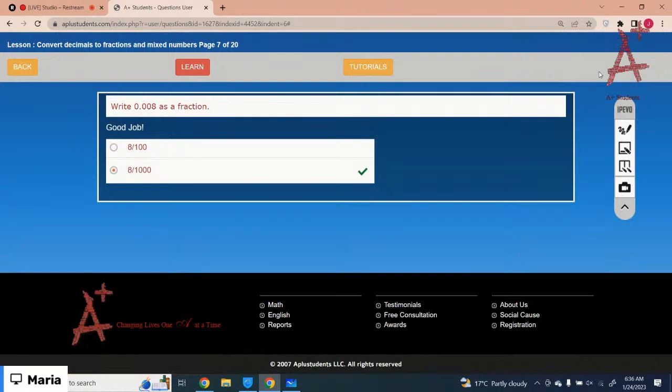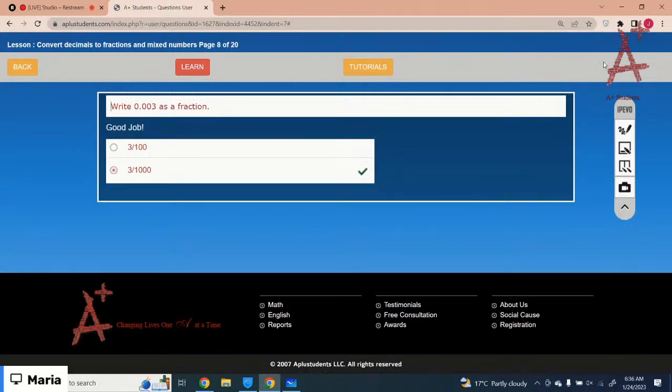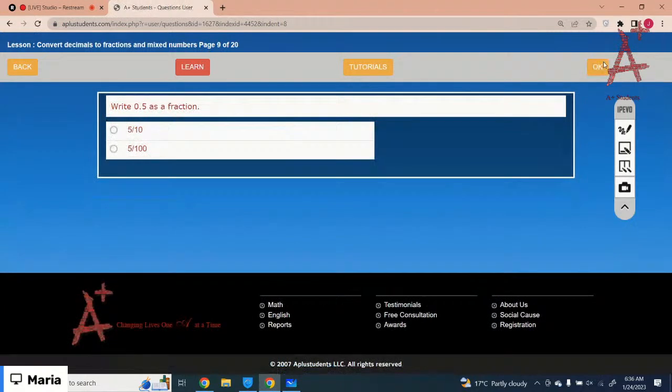Okay, the next one is 0.003 as a fraction. So which is the correct option? Yes, that is 3 divided by 1000. Okay, write 0.5 as a fraction. So which is the correct option?